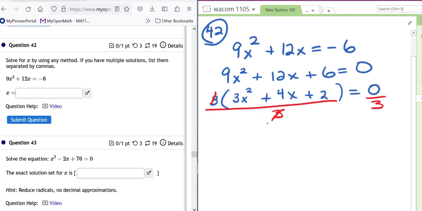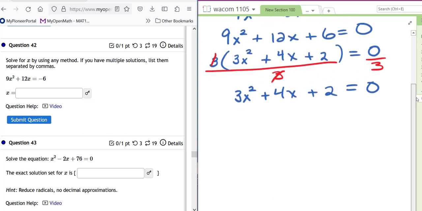And this one, it's gone. Now, it didn't have a variable. If you had a variable, you couldn't do it. Right? And 0 divided by anything is 0. So it just makes it a smaller problem.